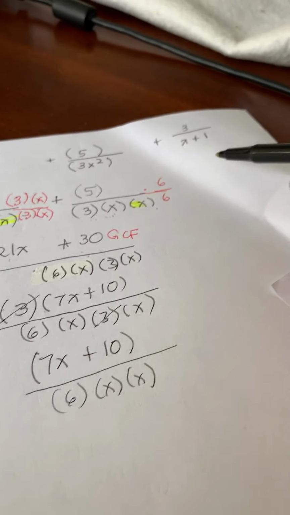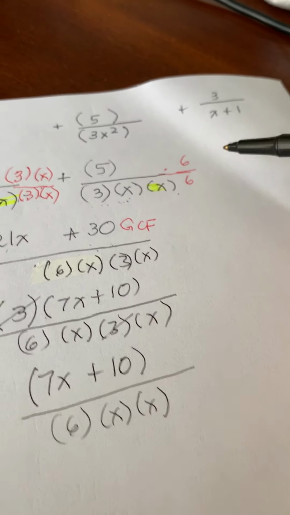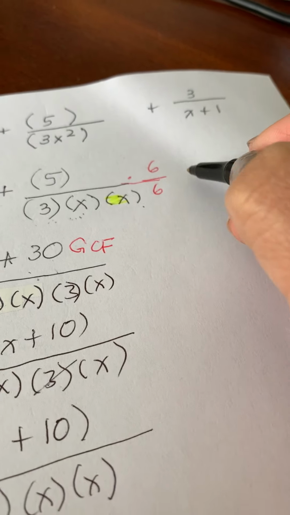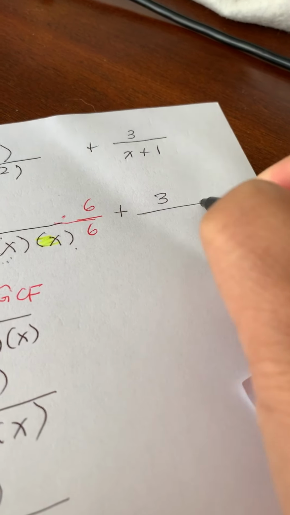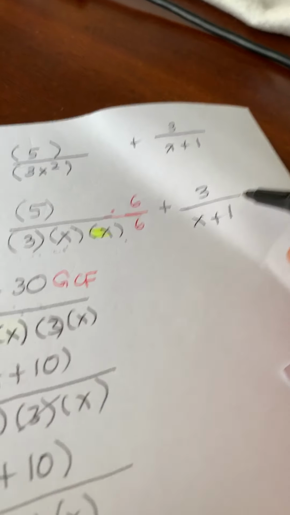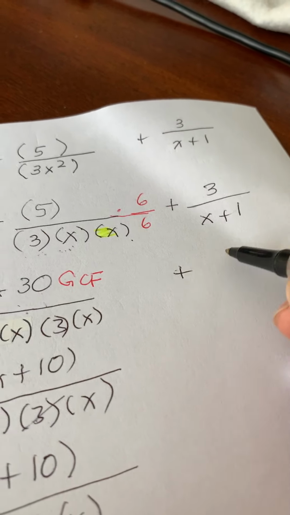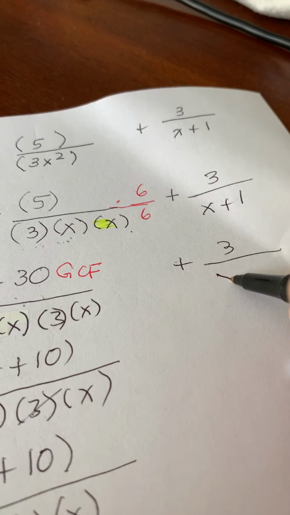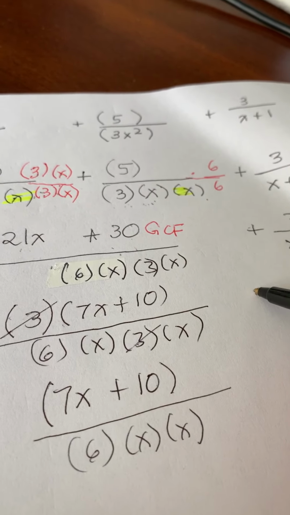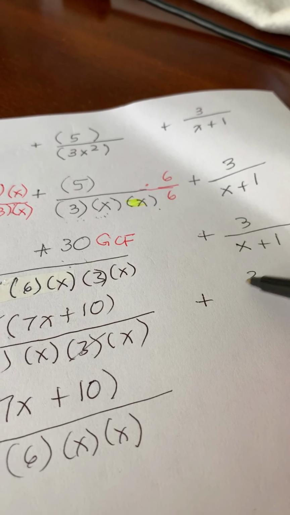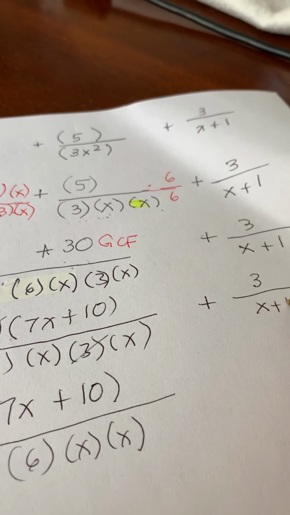So now we have to add this to this one here. I know it's a pain to write it all the way repeatedly, but that will make your work clear and complete.